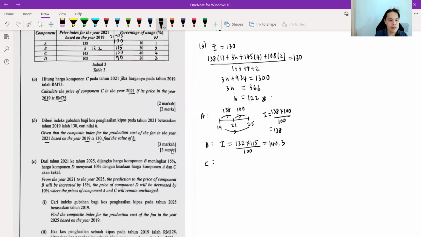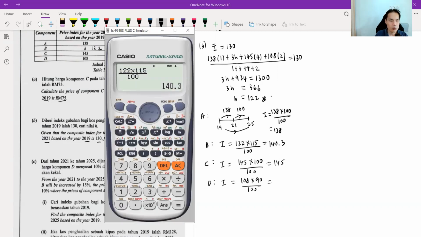Now for component C, the index is 145 times 100 over 100, because it's still unchanged, so still 145. For component D, your index is 108 times 90 over 100. Let's count. It gives us 97.2.